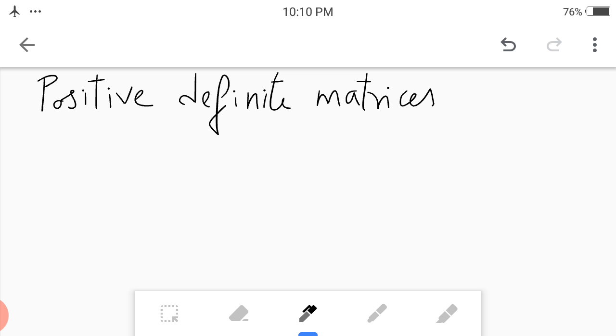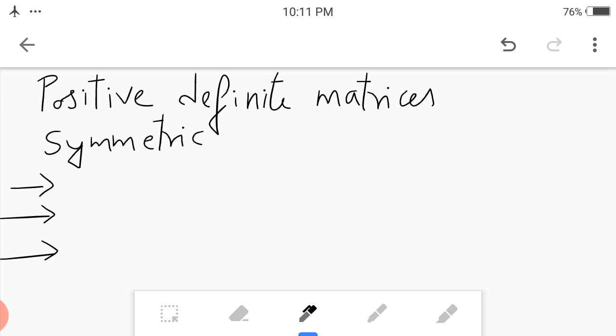Positive definite matrices are symmetric matrices along with a few more properties. So not any matrix can become positive definite. They have to be symmetric matrices first. Now let's try to understand the other properties which make a symmetric matrix positive definite.